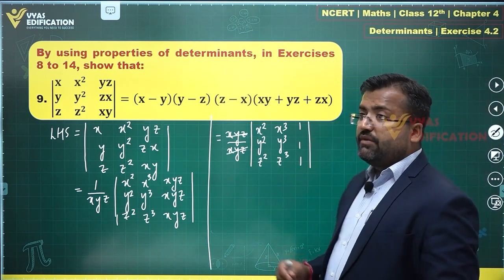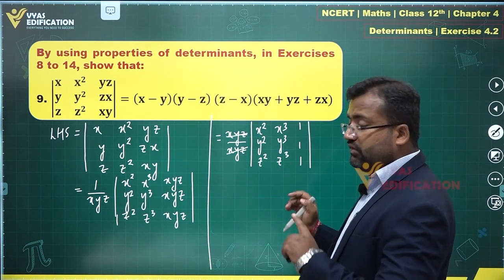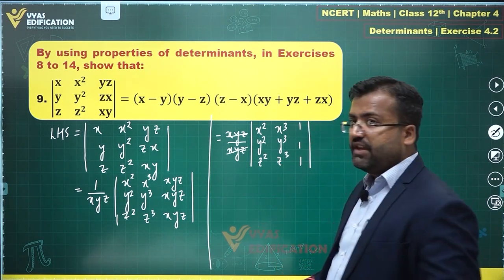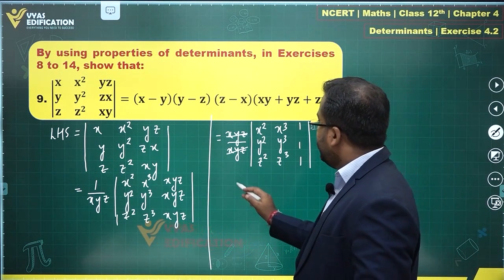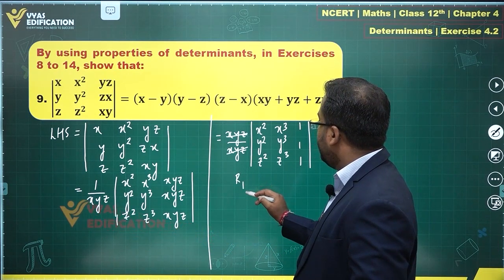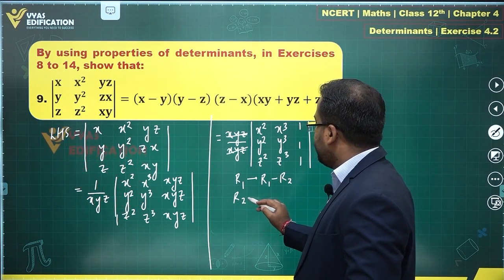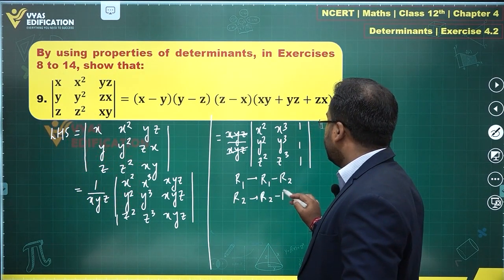Since we have created 1 1 1 over here, now the question becomes very simple. We're supposed to subtract and create some zeros. Let's replace R1 by R1 minus R2, and R2 by R2 minus R3.